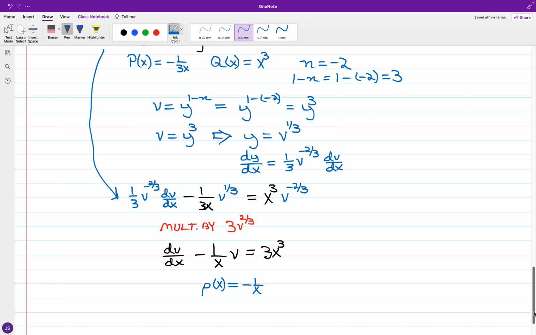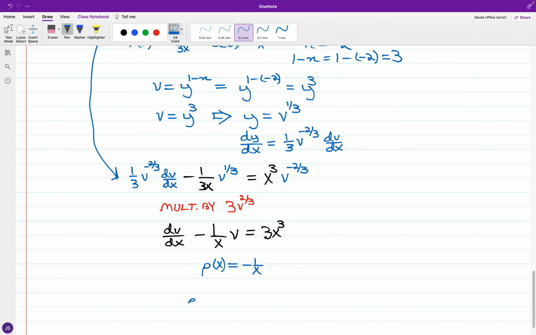And for the integrating factor for the equation in terms of the substitution variable v, we have e to the integral of rho of x dx, and that is equal to e to the integral of negative 1 over x dx, and that is equal to e to the negative of the natural logarithm of x.